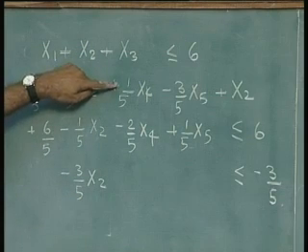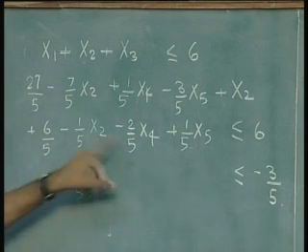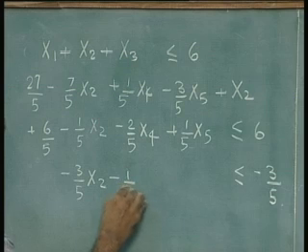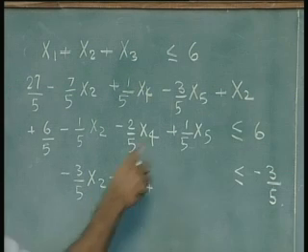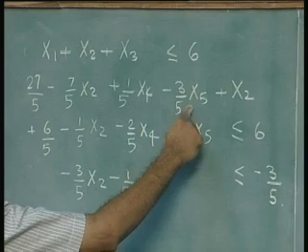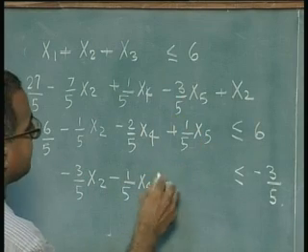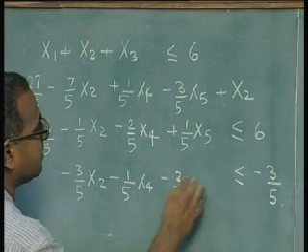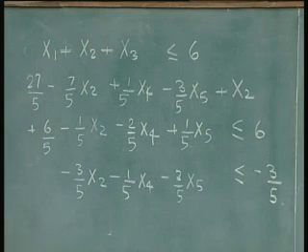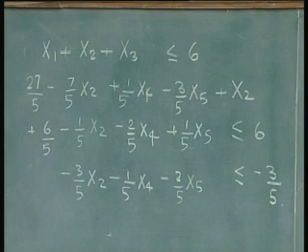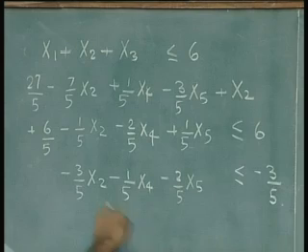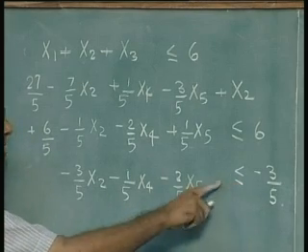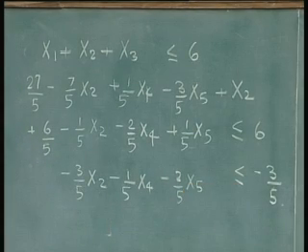Plus 1 by 5 minus 2 by 5 is minus 1 by 5 x4, and let us look at x5. Minus 3 by 5 plus 1 by 5 is minus 2 by 5 x5, less than or equal to minus 3 by 5. It is a less than or equal to constraint, so we add a slack variable to convert it to an equation.